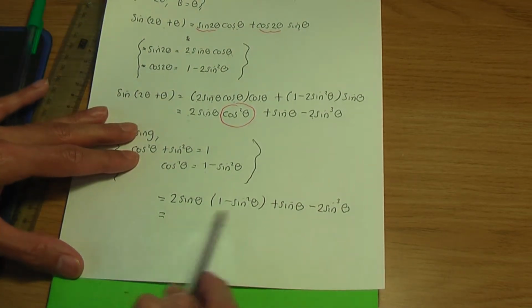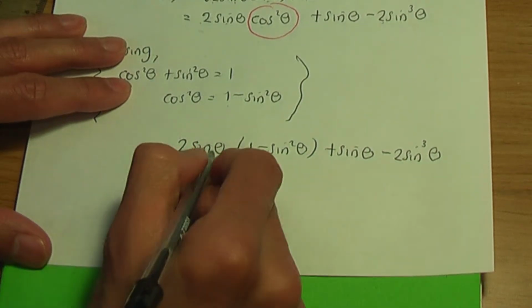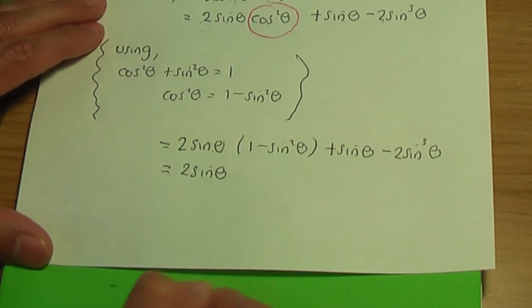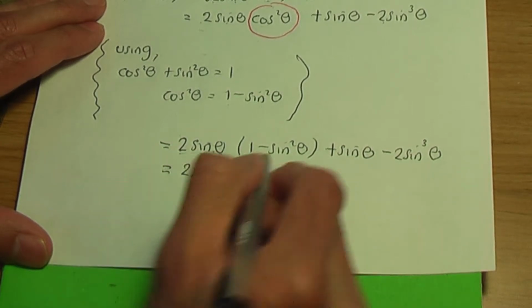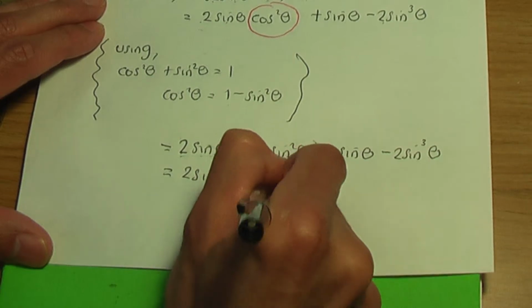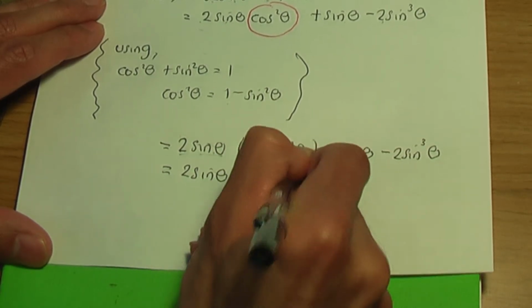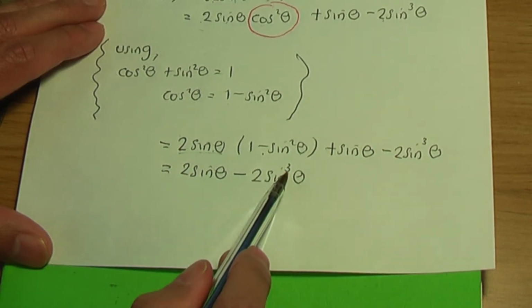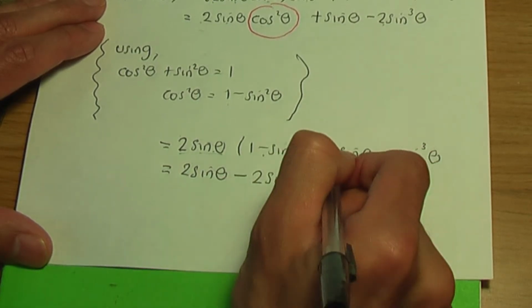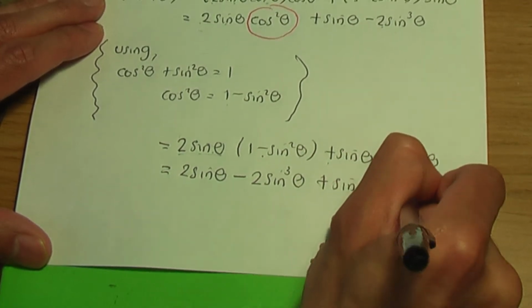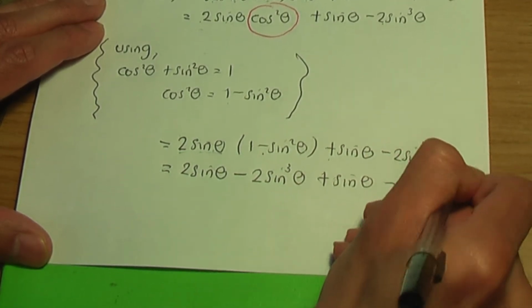Now if we get rid of the brackets, we have 2 sine theta times 1 is 2 sine theta. 2 sine theta times minus sine squared theta is minus 2 sine cubed theta, since sine theta times sine squared theta is sine cubed theta. Then plus sine theta, minus 2 sine cubed theta.